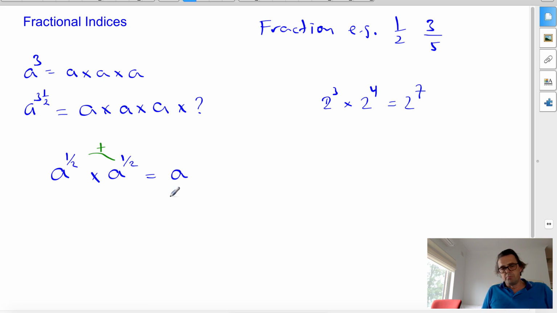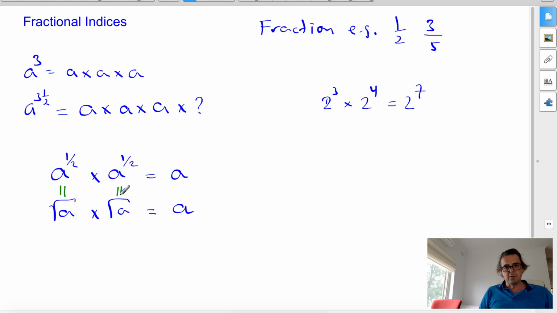Now I also know from previous experience that the root of a multiplied by the root of a, so the root of any number multiplied by the root of the same number, that is a as well. Now if that's true, then obviously a to the power 1/2 must be the same as the root of a.